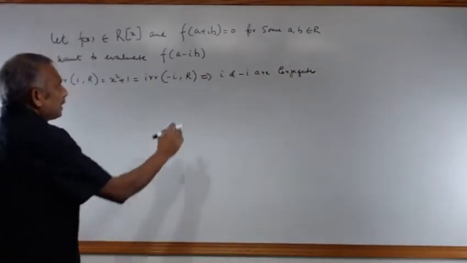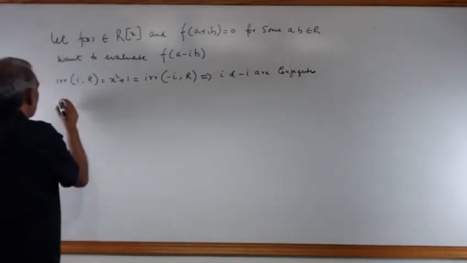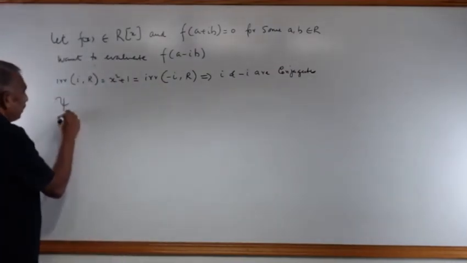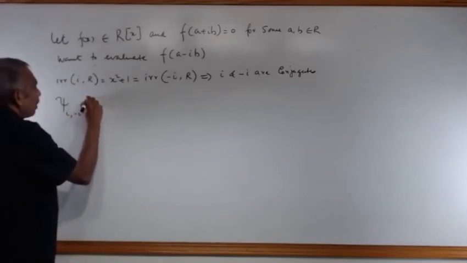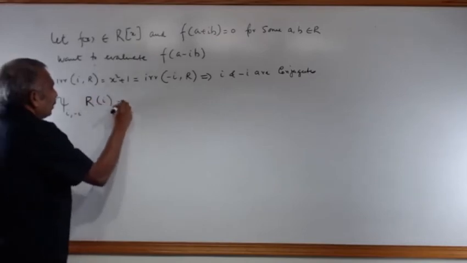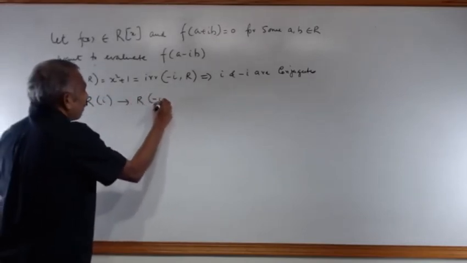So when i and minus i are conjugate, there exists a conjugate isomorphism psi i comma minus i from R(i) to R(minus i).